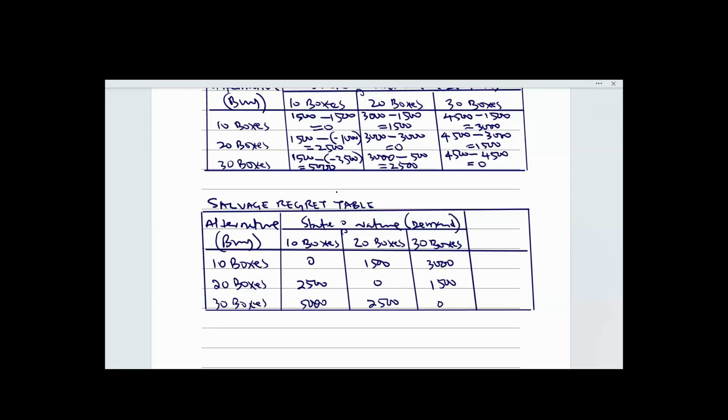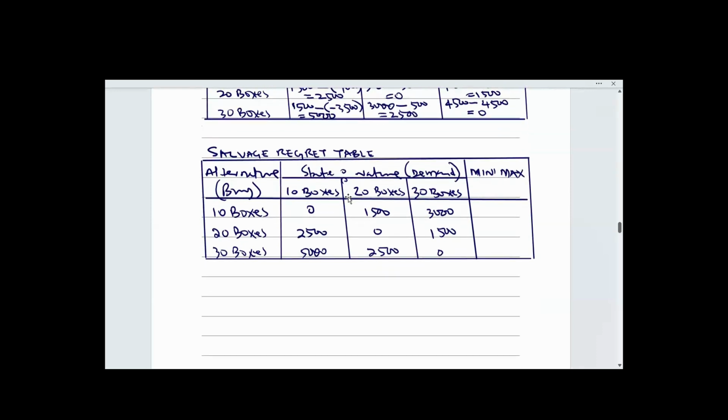Okay, so this is Minimax. That is, in step 4, you then select the highest value in each row. For first row, highest value is 3,000. In the second row, highest value is 2,500.